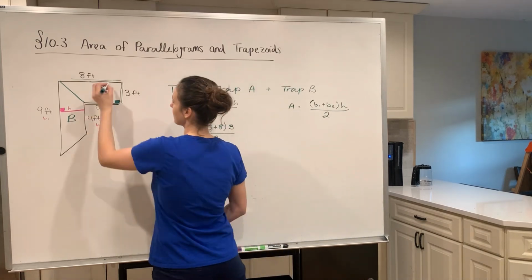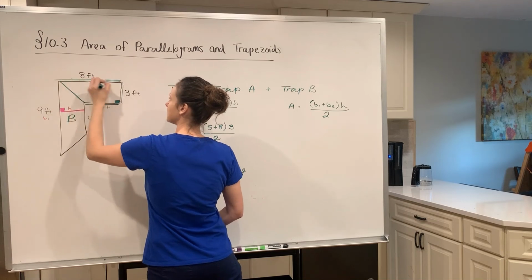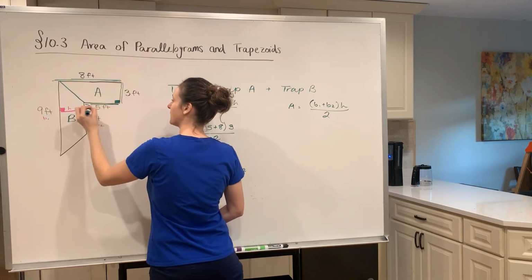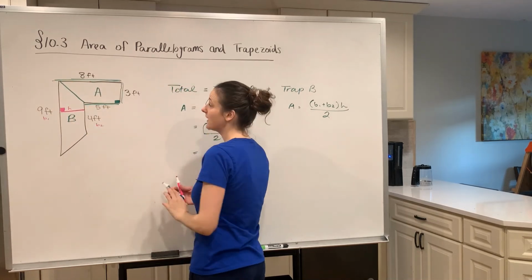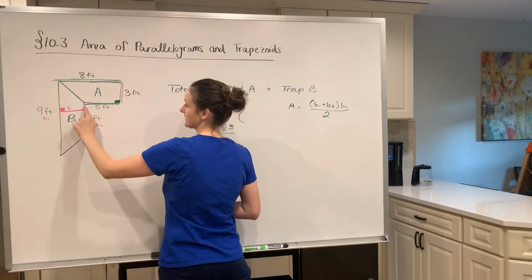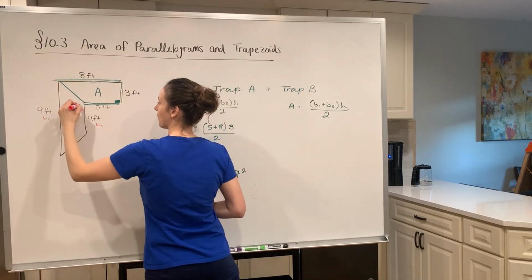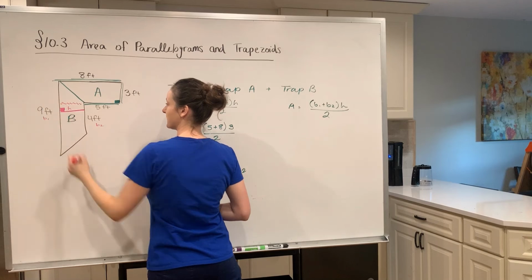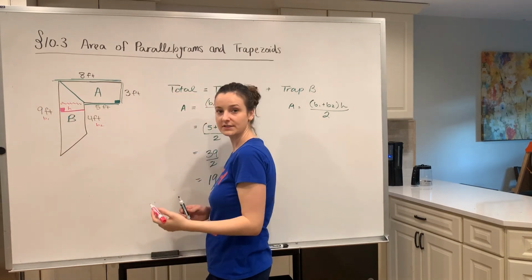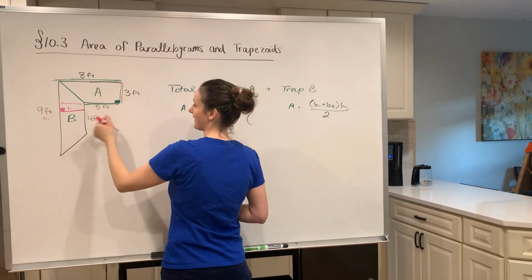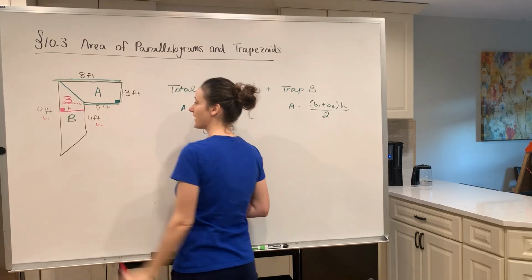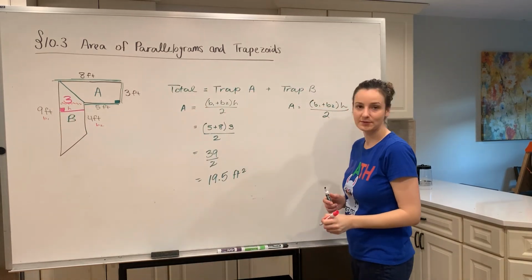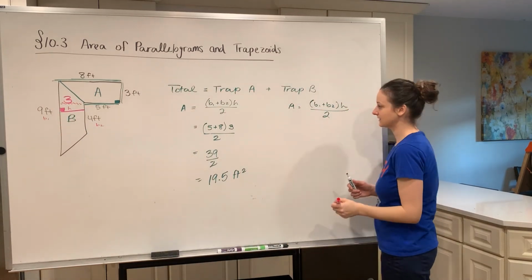I know that the total distance here is 8. I know that the shorter distance is 5. If the total is 8, the short distance here is 5, then how much is my height going to be, which makes up the rest of it? Well, you need to subtract. 8 minus 5 is 3. So the height of trapezoid B is going to be 3 feet.